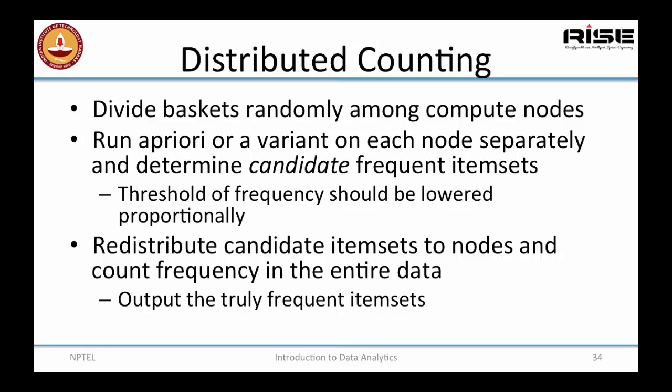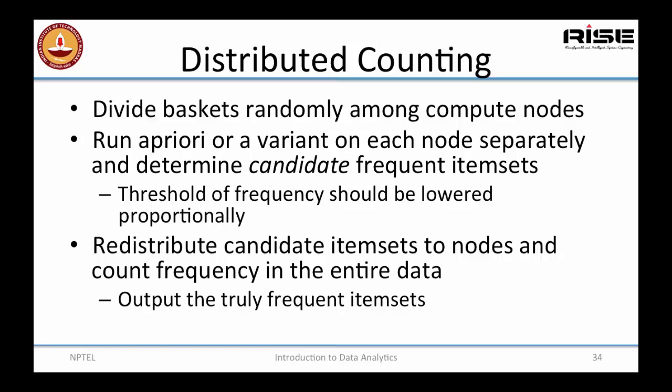You will have to count the frequency on the entire data to determine if these candidate sets are frequent. Remember that when you are doing this in a distributed fashion, the threshold that you use for defining a frequent item set should be lowered. So if you are splitting your data 10 ways, then the threshold for frequency should be lowered by 10 times. Once you have these candidate frequent item sets, you don't have to count them on a single machine.